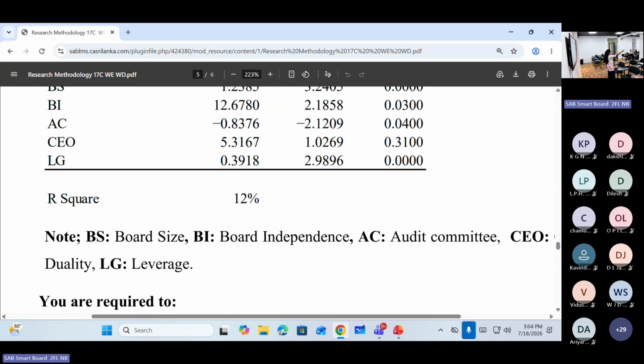We have 11 internal supervisors. Based on their discipline, we'll allocate the research supervisors at that time. When you are starting your research, that might be 2027, based on their availability, we allocate you to a research supervisor.